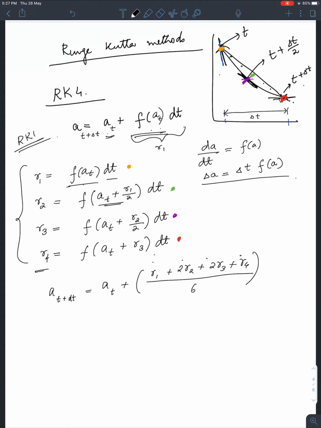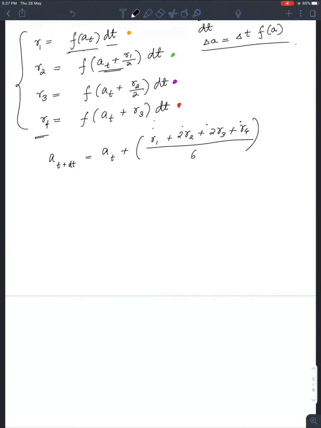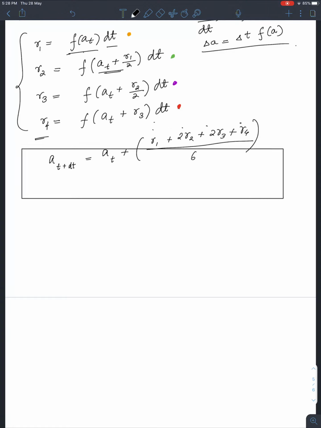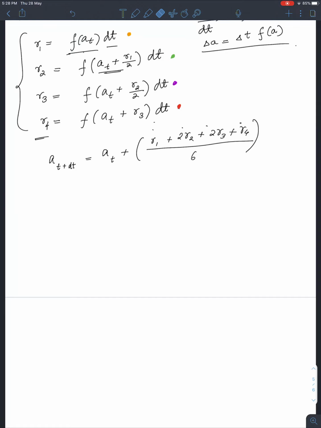So these are 6 terms divided by 6. That way we are not only taking the slope at a point in the beginning, but at four different points: two in the middle, one at the beginning of the time step, and one at the end. That way we are making our simulation much better.